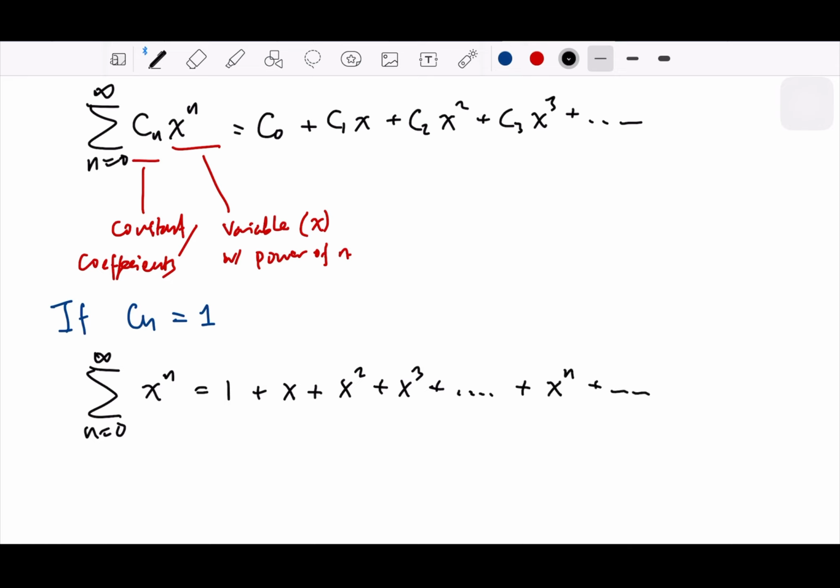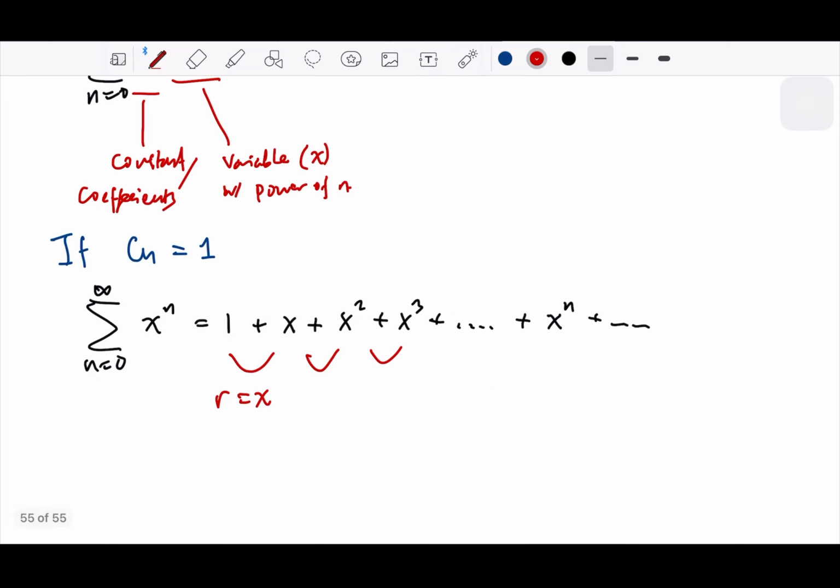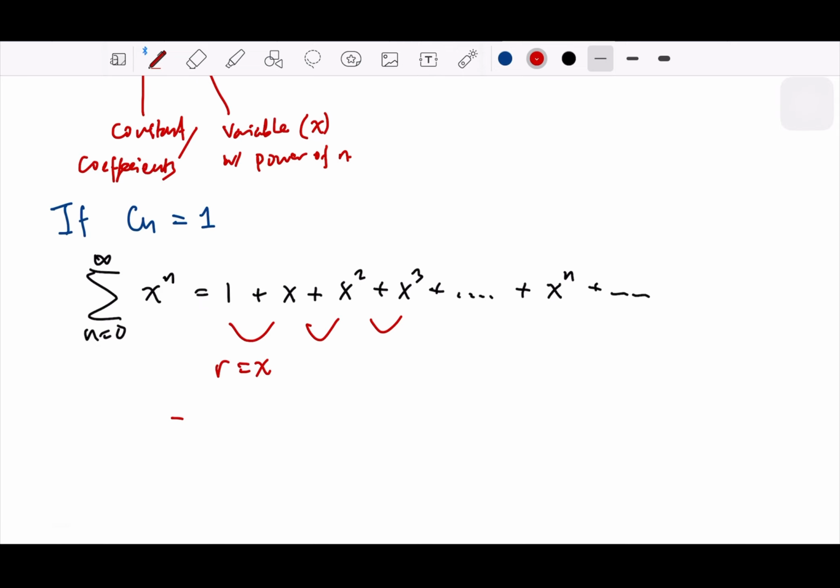We know that if we imagine this as a geometric series, we have a common ratio that is x. And if you remember, it converges when x is from -1 to 1, this will be convergent, and otherwise it will be divergent.